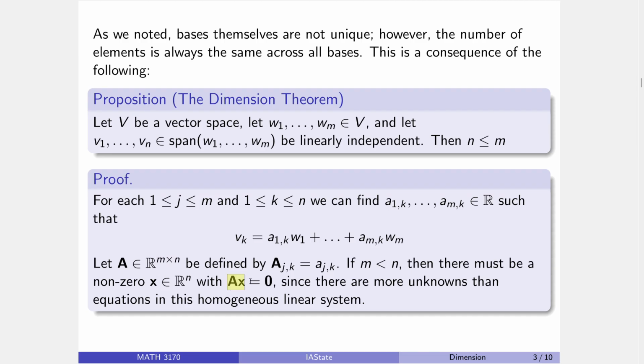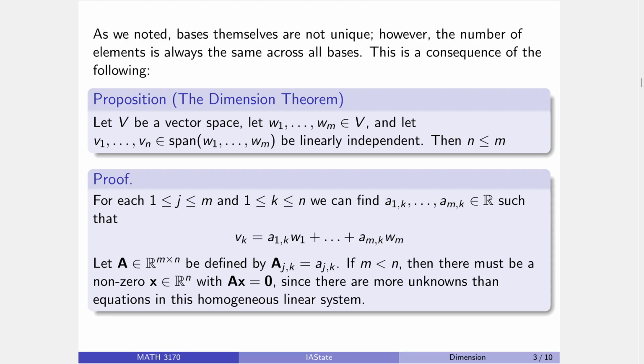If I look at the homogeneous linear system, Ax equals 0, I have more unknowns than equations. We know this always has a solution, and with more columns than rows, I can ensure that I can always find a non-zero one.